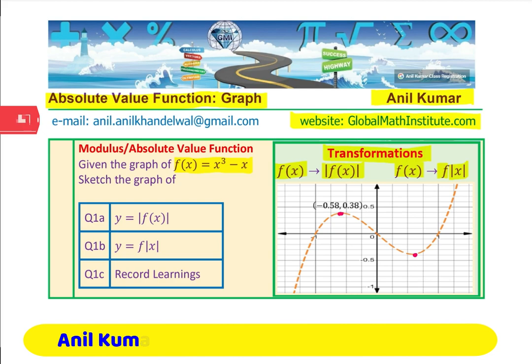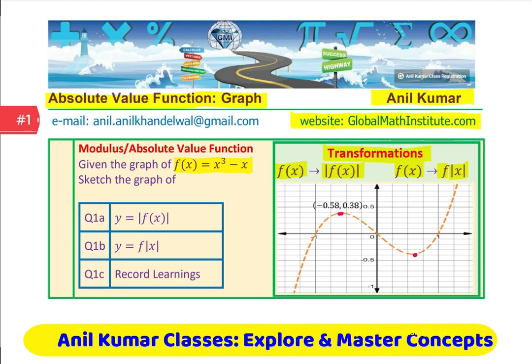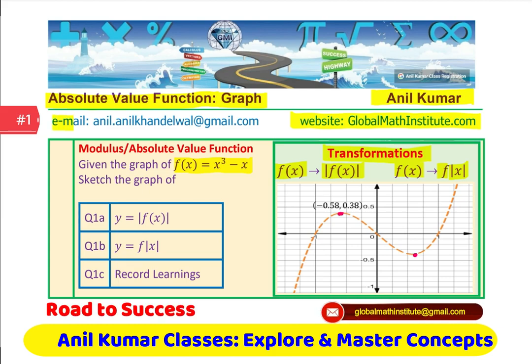You can always pause the video, answer the question, and then look into my suggestions, in which I am going to discuss in detail the symmetry of the function and transformation when absolute functions are involved.